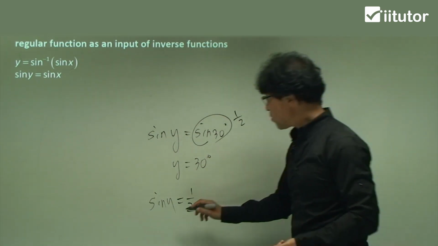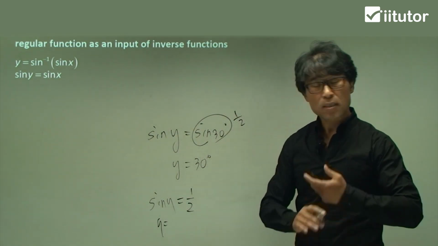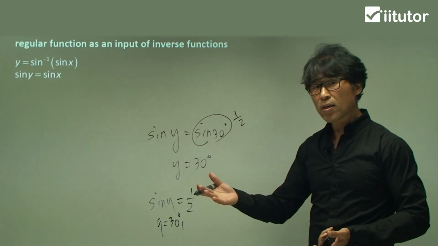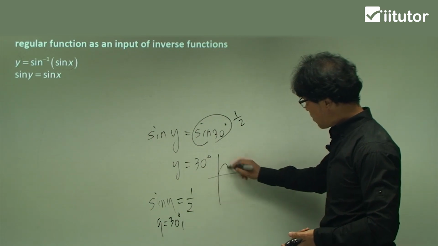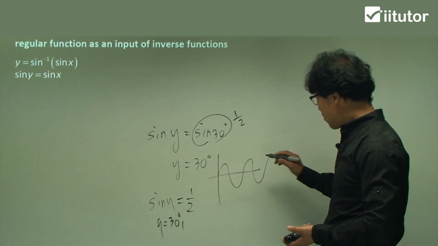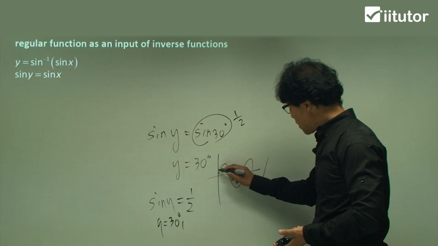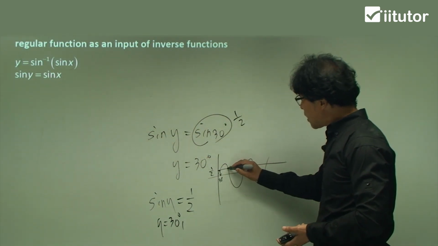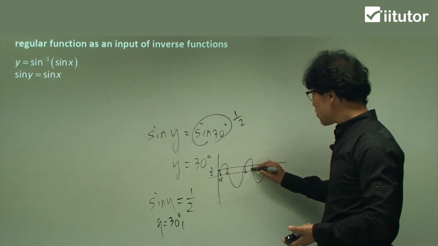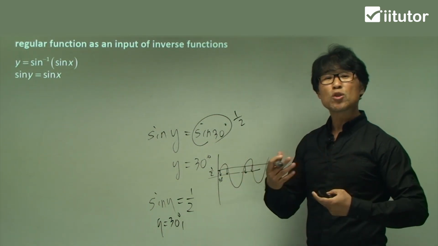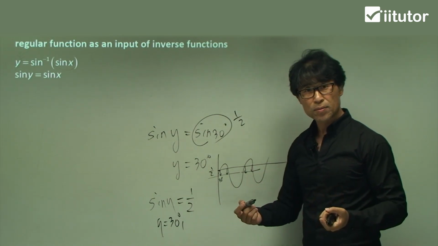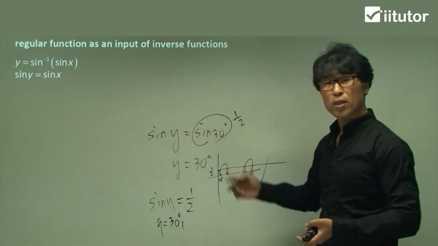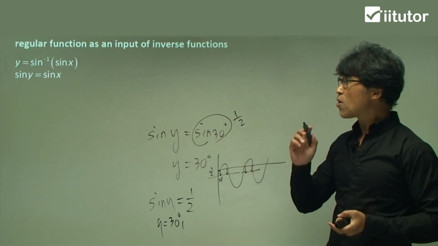The first y value is definitely 30 degrees, and then there may be other values. Look here in the sine graph, we have many repetitions. Here is a half, and that gives 30. There are lots of other values as well that make the resultant sine value. So 30 is not the only value that satisfies this equation. That's one of the things you have to remember here.